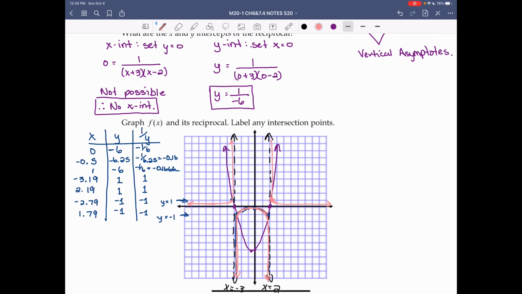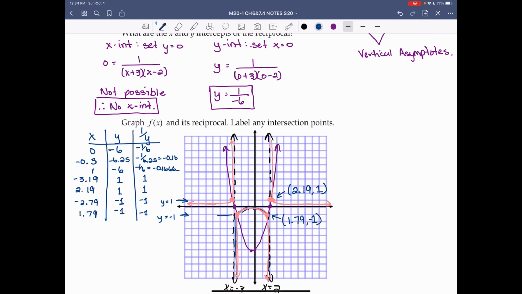Okay, so label any intersection points. This one is x equals 2.19 and y equals positive 1. This one down here is x equals 1.79, y is negative 1.